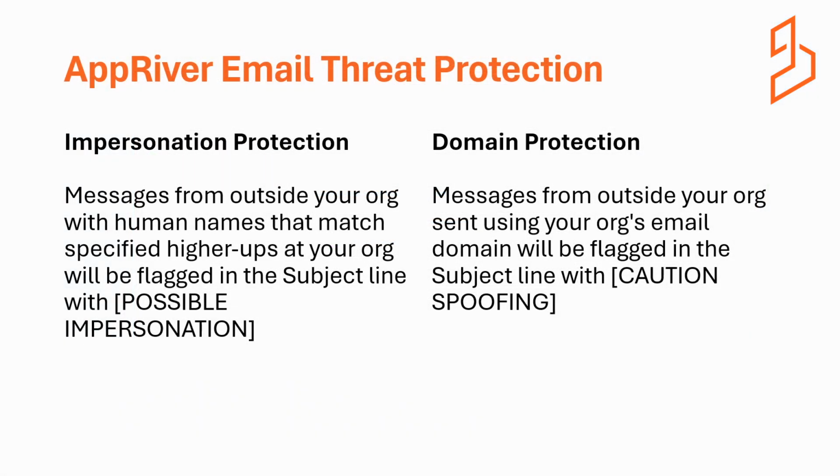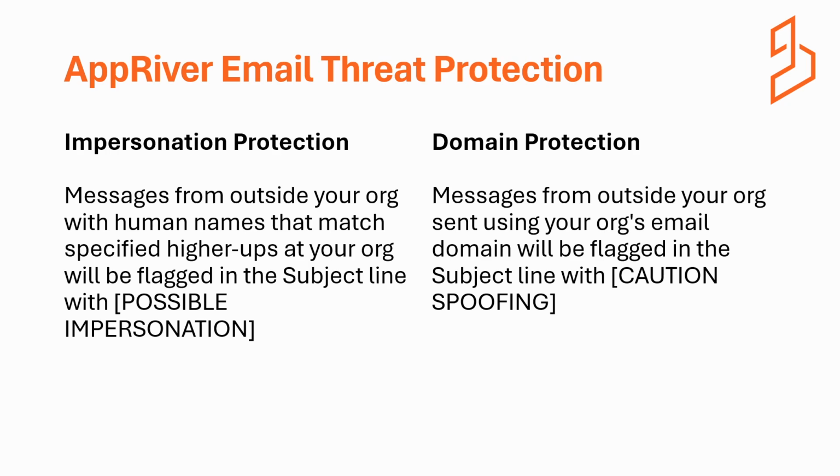Next up, regarding AppRiver, we're going to cover impersonation protection and domain protection, which are two security features that will be applied to all emails that go through the AppRiver email filter. Impersonation protection protects you from someone displaying someone at the company's name on an email, but it's not actually coming from their email address.